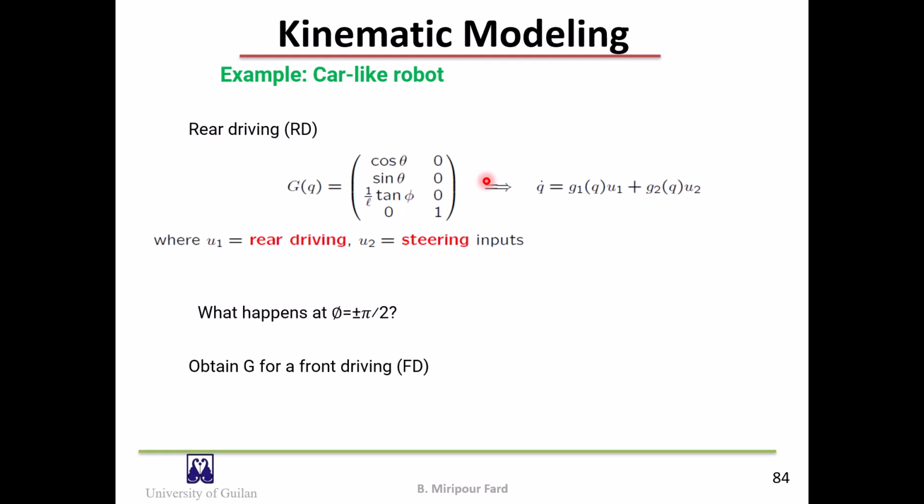Please obtain G for a front driving robot in which the forward speed V of the midpoint of the front wheel is the action. Also, please think about what happens at phi equals pi over 2 in the case of a rear driving robot.